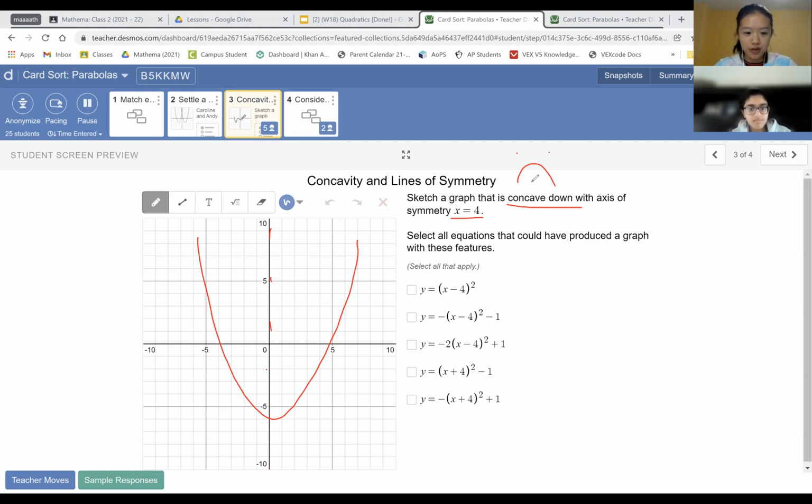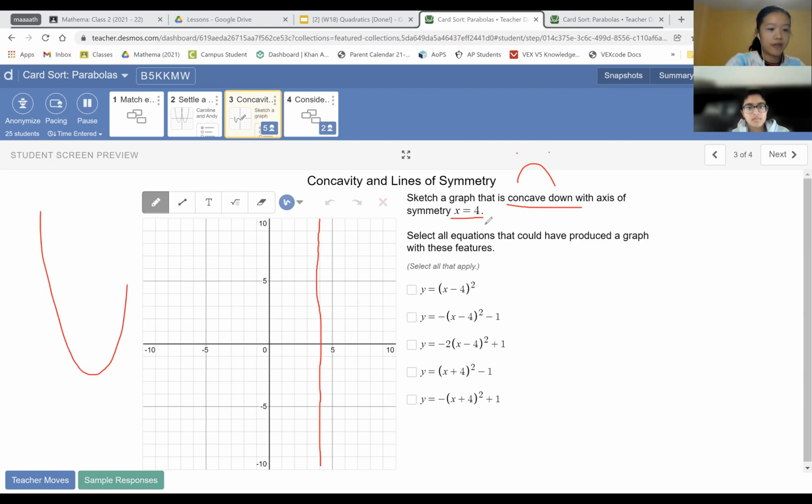So let's draw a line at x equals 4. In order for the axis of symmetry to be at x equals 4, the x coordinate of the vertex has to be 4, because the axis of symmetry passes through the vertex.